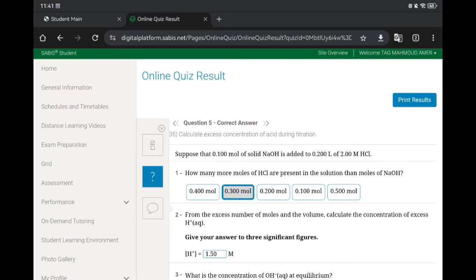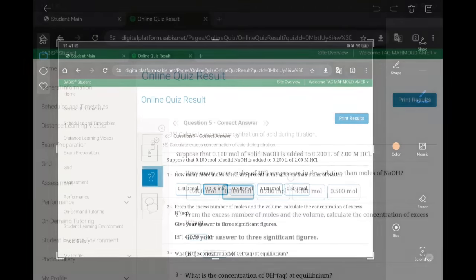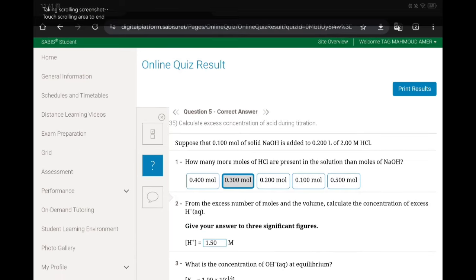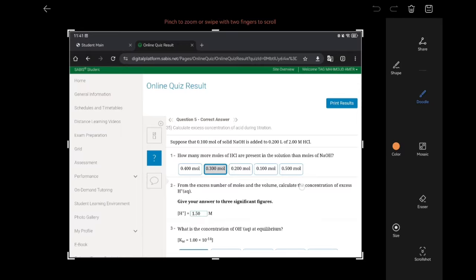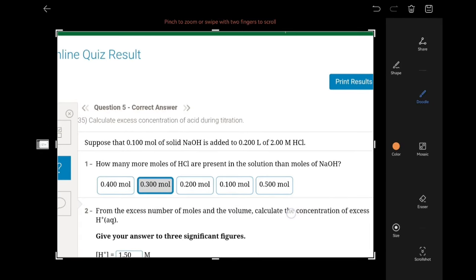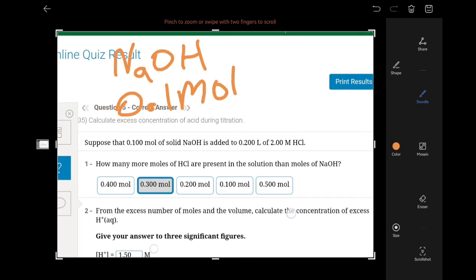Okay, just find the number of moles. So again, same thing. So look, suppose that 0.1 moles, so you have NaOH and it's solid, so there's no volume. Because they're going to ask about the molarity, so there's no volume, so you just take this one's volume.